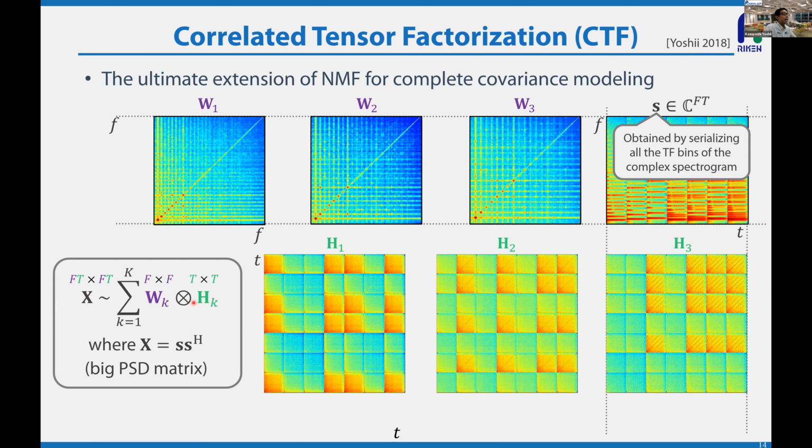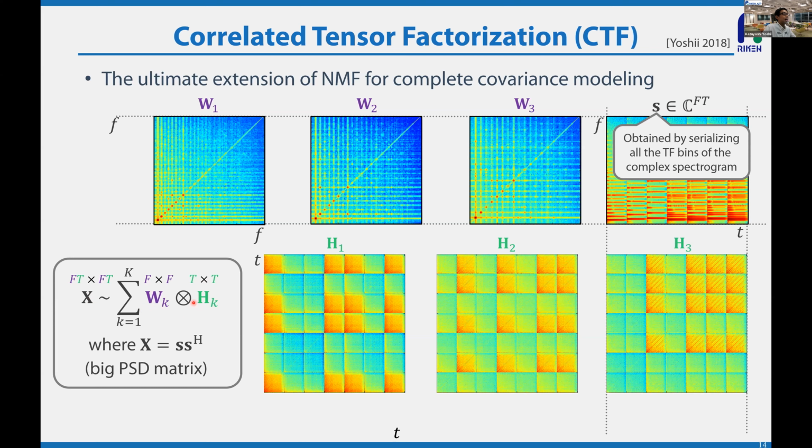So here, the power spectral density is assumed to be given by these equations. W is the basis, H is an activation. By calculating such a product, we can get the power spectral densities in the time-frequency domain, because this is frequency, this is time.